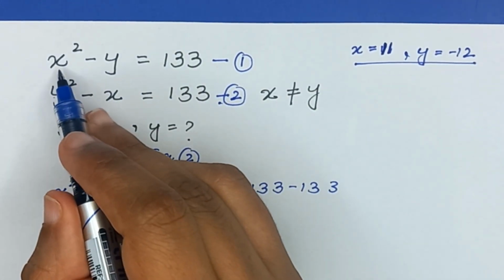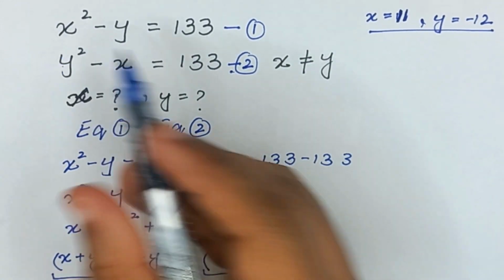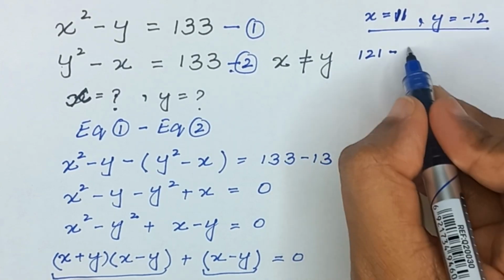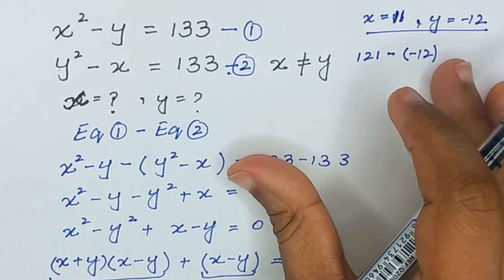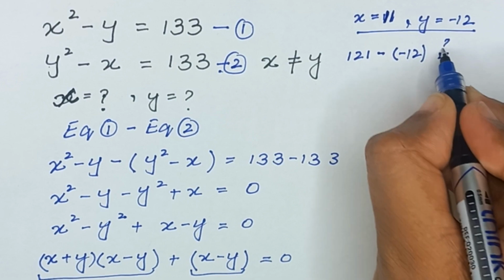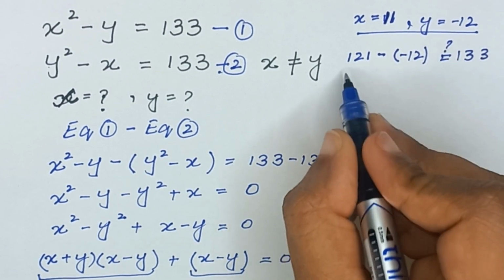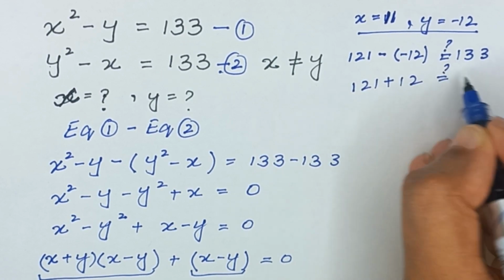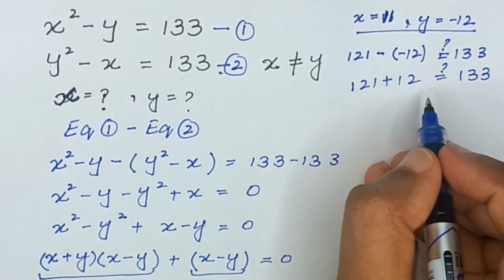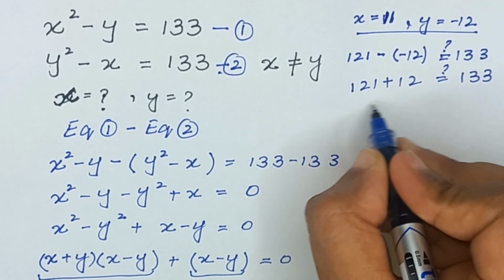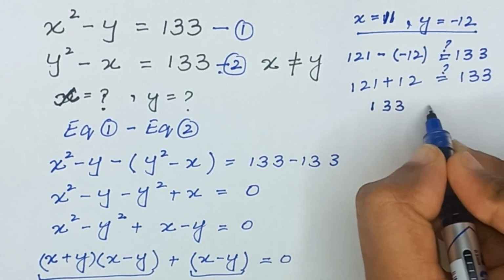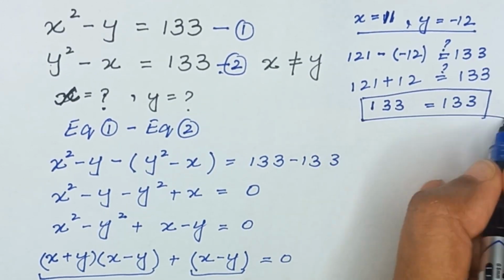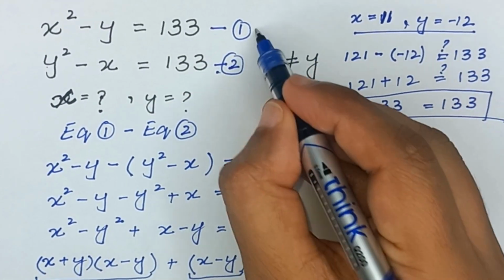So it will become 11 squared. 11 squared is 121, minus y, which is minus −12, so it will be plus 12, and I have to check whether it will be equal to 133 or not. So 121 + 12 will be equal to 133. It means both values of x and y satisfy this first equation.